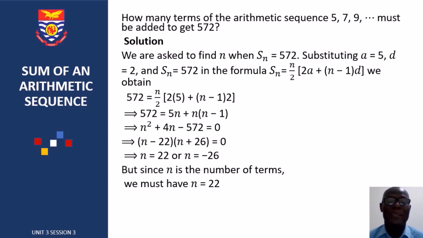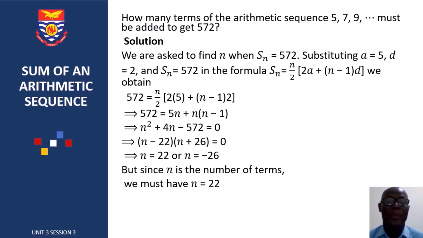Now expanding and simplifying, we have n squared plus 4n minus 572 equals 0. Now this is a quadratic equation in n.